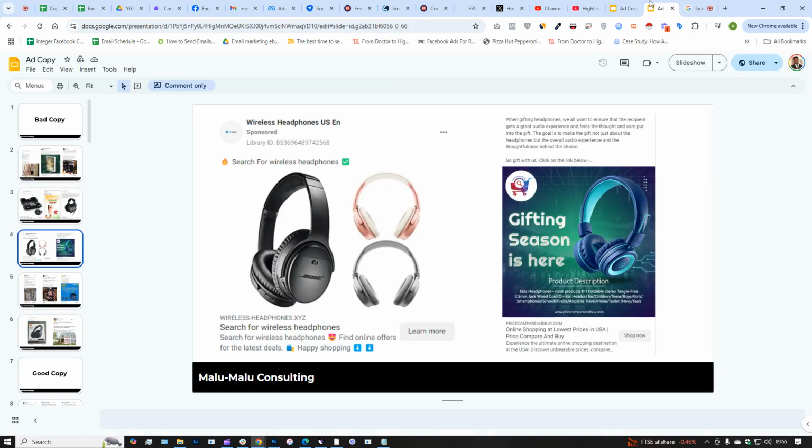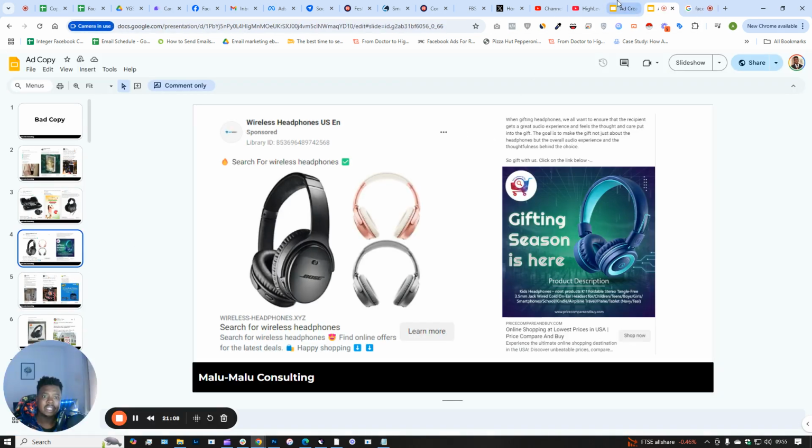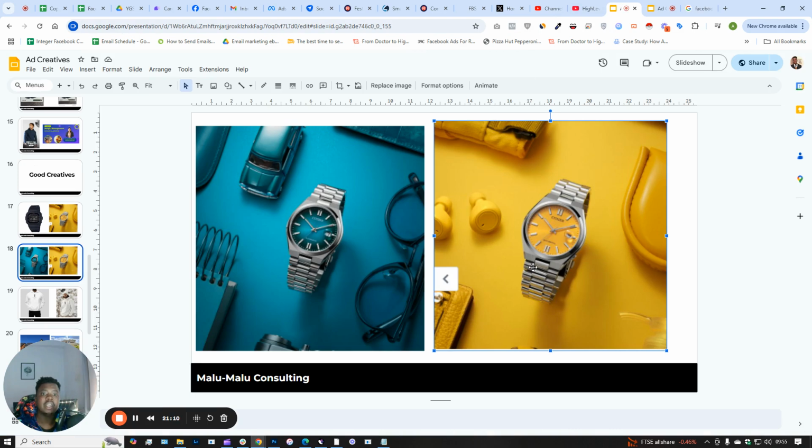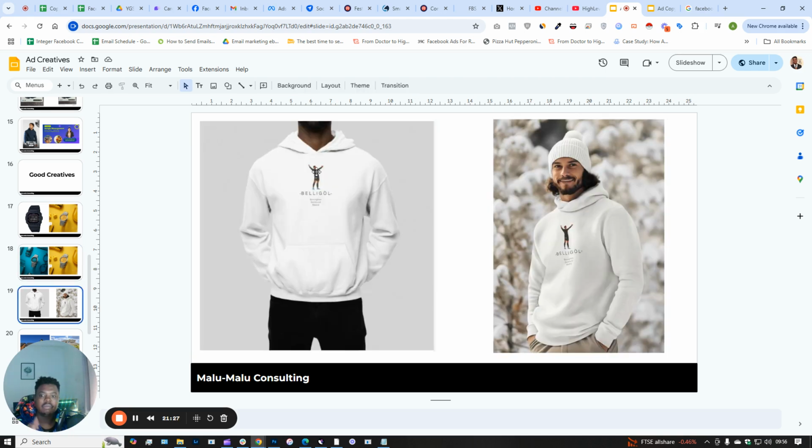The point I'm trying to make is the creative has to be attention grabbing enough and communicate exactly what the person gets within 3 to 5 seconds, so that they can go and read the headline, then read the ad copy, and then click on the call to action. Does that make sense?